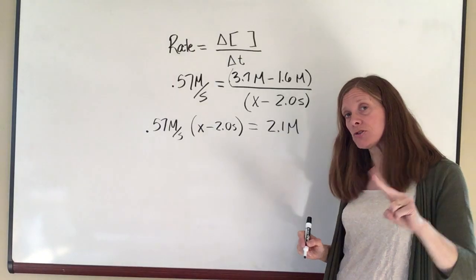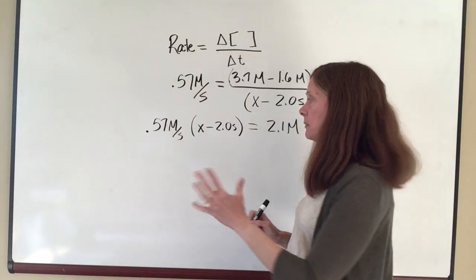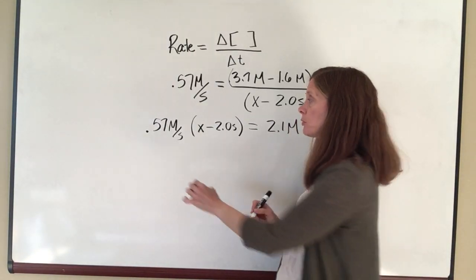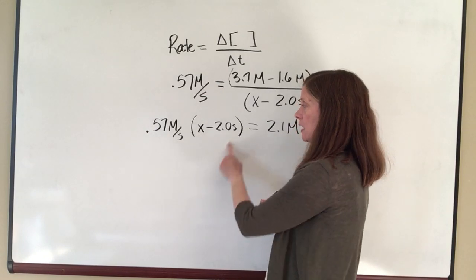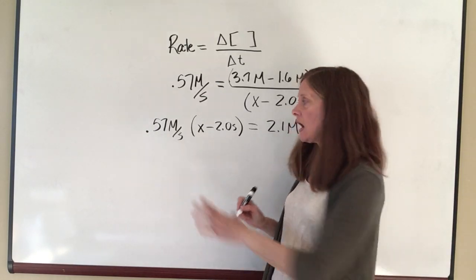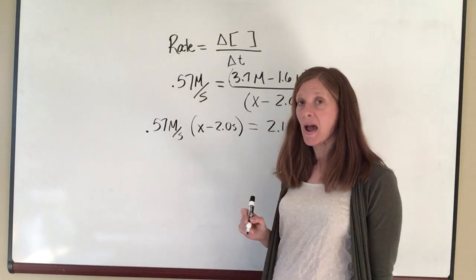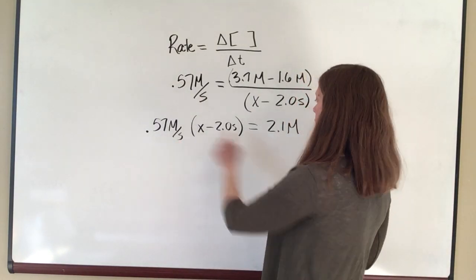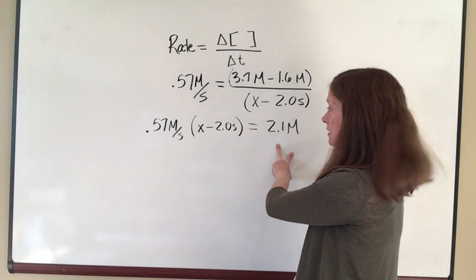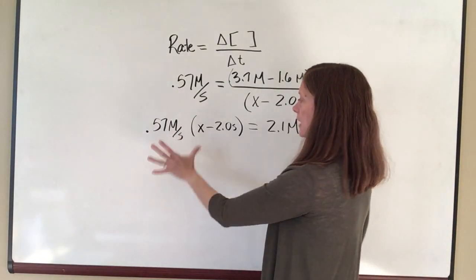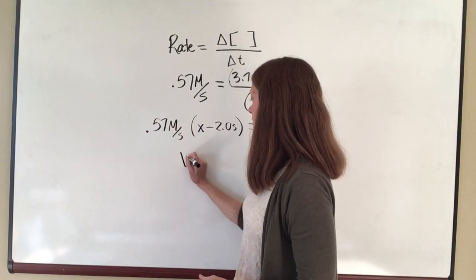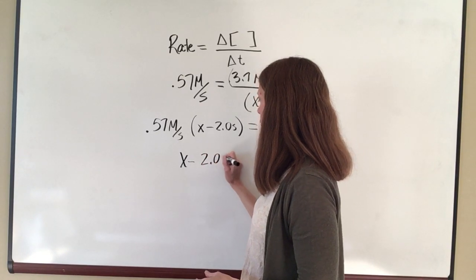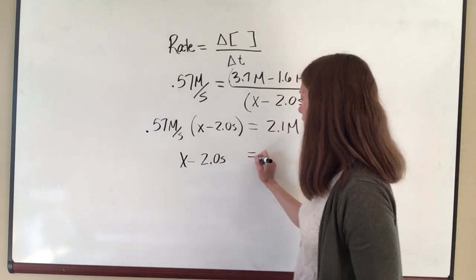Now, two ways you could go about this. I know a lot of times in algebra we do use the distributive property to get rid of parentheses, but in this particular case I think what's actually easier is to divide both sides by 0.57 molarity per second. So on this side, if I divide by 0.57, that's going to leave me with x minus 2.0 seconds over here.